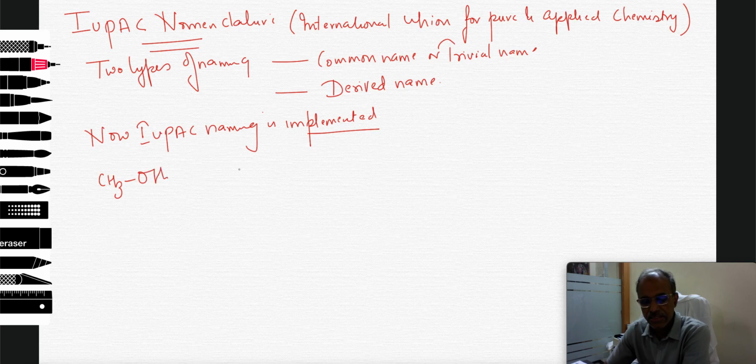Its trivial name is methyl spirit, and its source is what? It was the destructive distillation of wood.